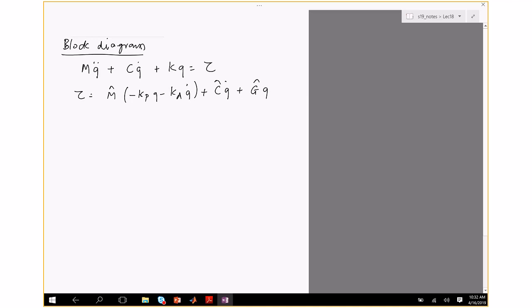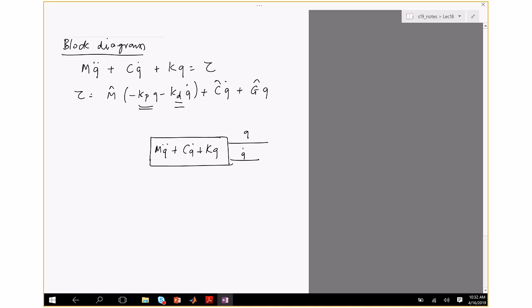And so, as always, start off with the system dynamics, c q dot plus k q. Okay, since there's feedback on the position and velocity, my outputs would be q and q dot.